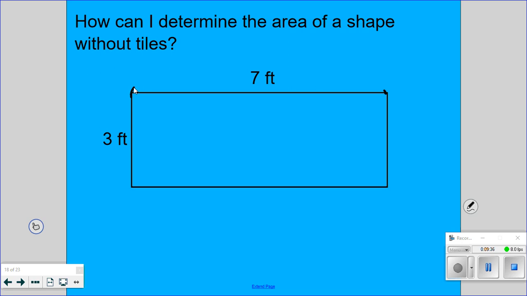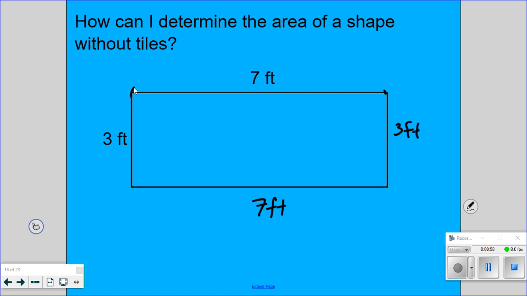Oh, you mean if we labeled it down here? If you go from that line to the other line, it's still 7 feet. Yeah, you could label this 7 feet if you wanted to. You could label this 3 feet.